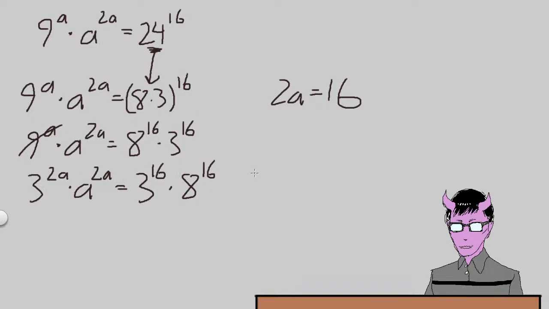I think we can, but let's do some factorization first. So we can factor out the 2a exponent from those two factors, thereby getting that. We can factor the 16 from those two, thereby getting this.